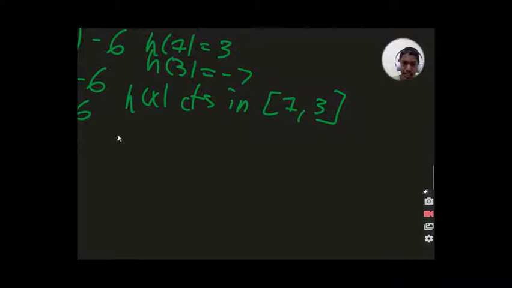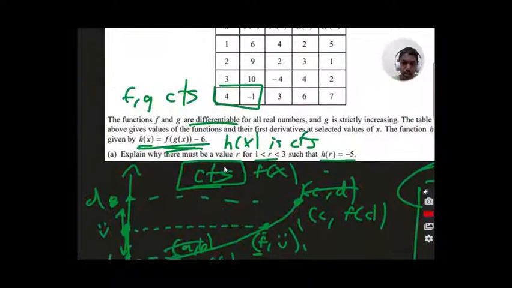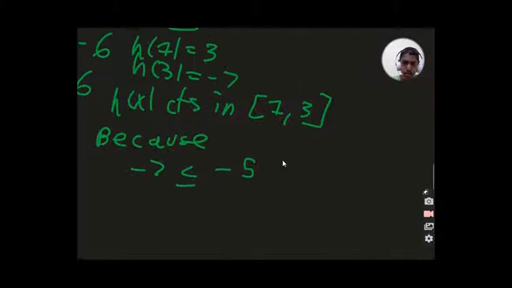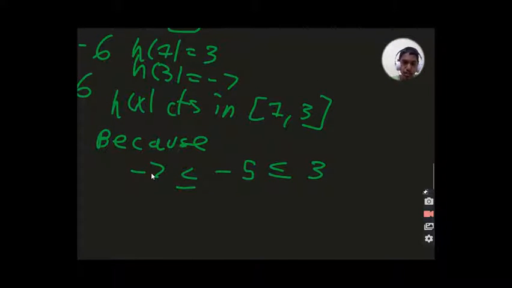So we can say that because minus 7 is less than or equal to minus 5, which is less than or equal to 3, right? Or more precisely, you might want to put in the function here, right?